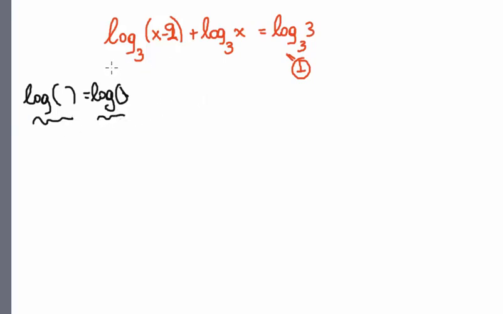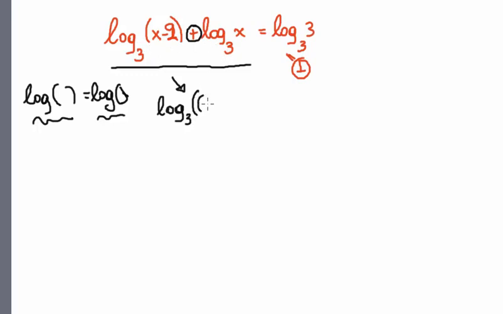So the first thing that we need to do is to apply the logarithmic rules here in order to get rid of one of those logarithms. So what we have is log of 2, and since we have a plus right here, then we have a sum of logarithms, so this is going to be the logarithm of their product.